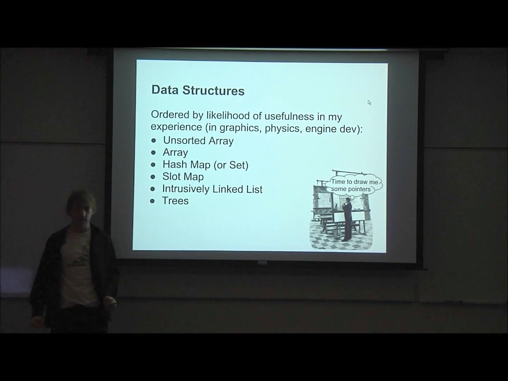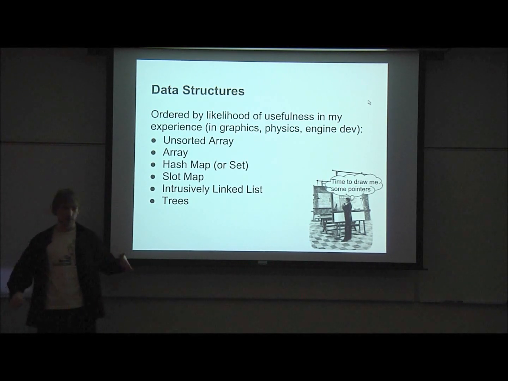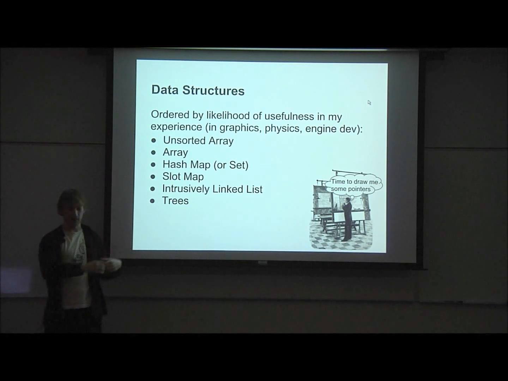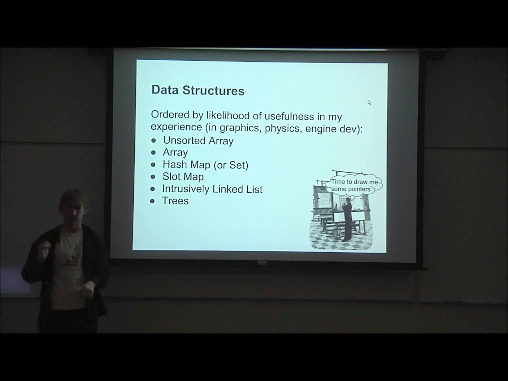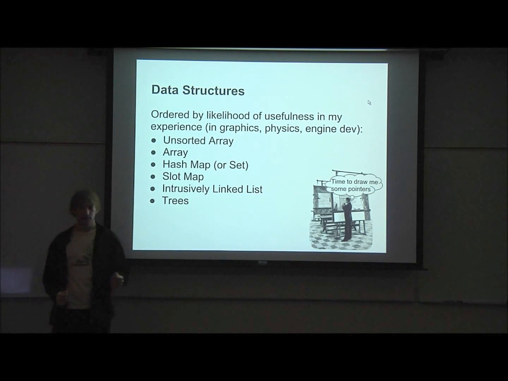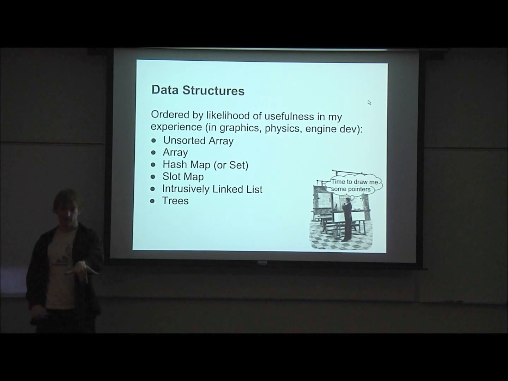Then hash map or set. So this has two variables. It's like a dictionary, so key and value. You insert it with key and value, and then you can give it the key and get back the value. A hash set doesn't have key and value, it just has key.